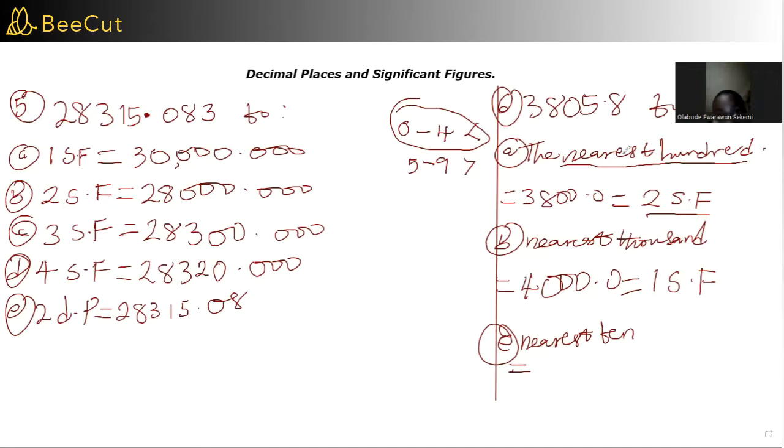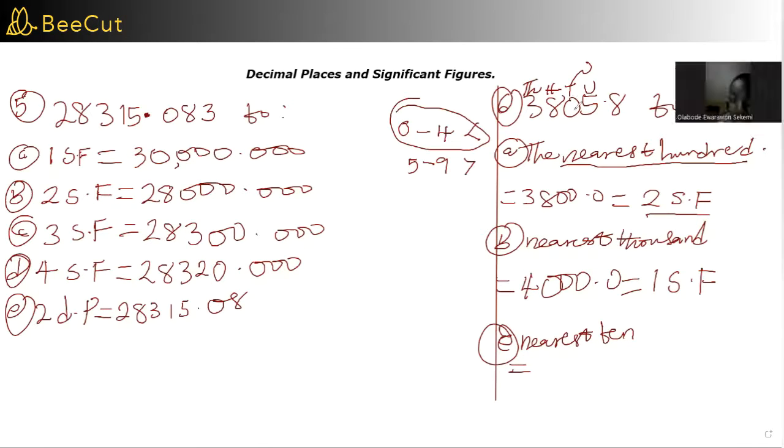Okay, to the nearest 10, what do you need to do? You know your units, tens, hundreds, and this is 1,000, 10,000. We are dwelling on 10, yes or no? What is the figure in the position of 10 there? 0.